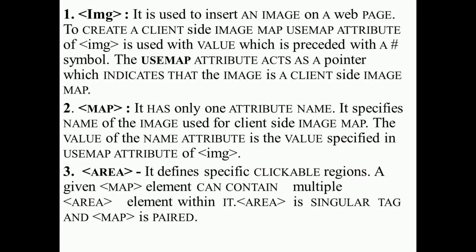If you open a particular tag and it is not required to close it, that is a singular tag, for example the br tag. Secondly, if you have an open tag and it is mandatory to close it, for example html and at the last you close /html, it is a paired tag.